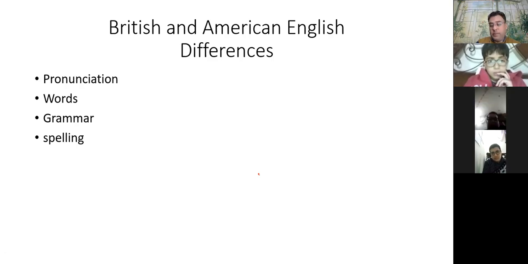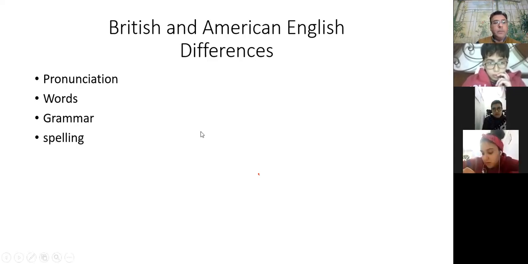In words, some words are different from here and there. Some words are different in spelling, and some grammar is different too. So we have to know what the differences between them are.